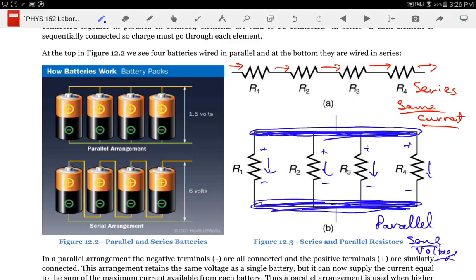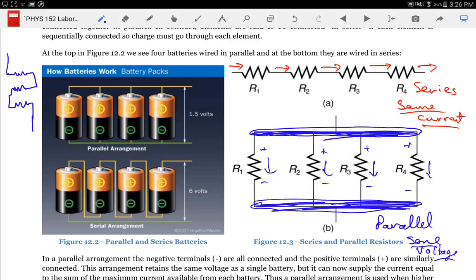Now, just a little tricky question. Okay, that's enough. Are these resistors in series or parallel? Okay, they're in series. I drew them like they're parallel, for why?